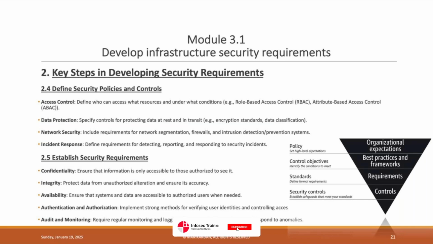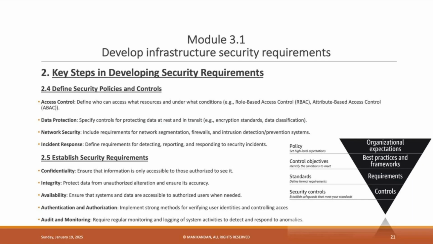When we are talking about data protection, specify the controls for protecting the data. The controls for protecting data at rest, in use, and in motion are different. For example, for data in motion, we use SSL/TLS and link encryption to protect the data in transit.